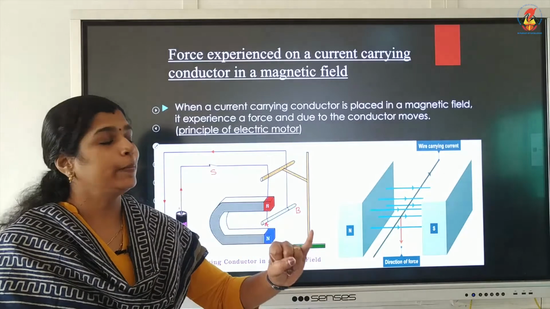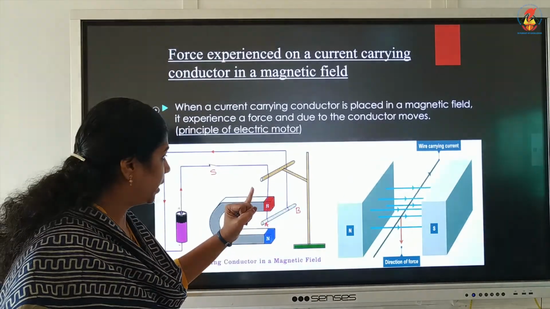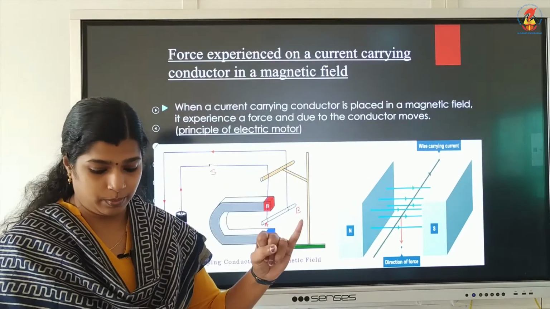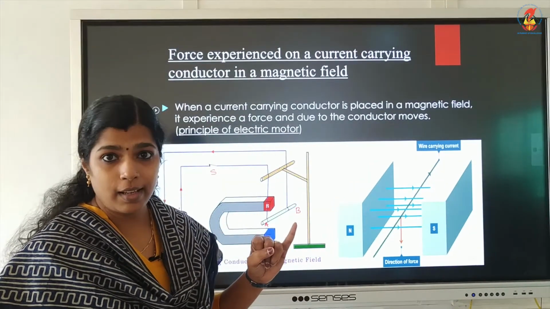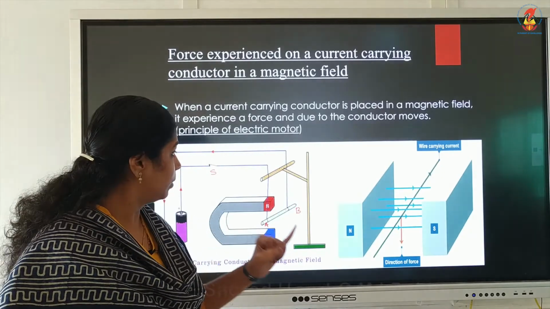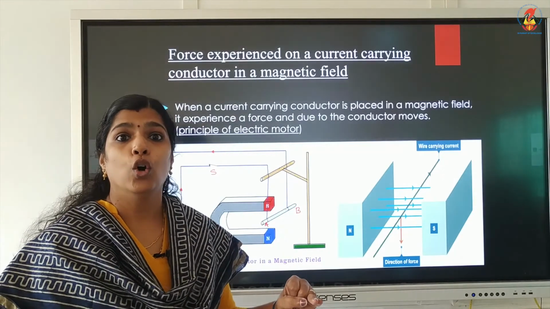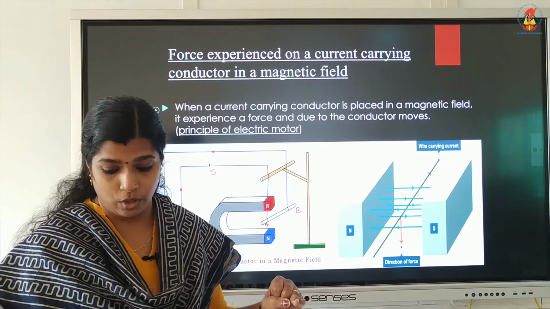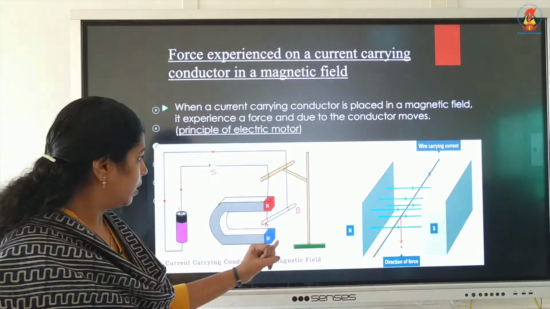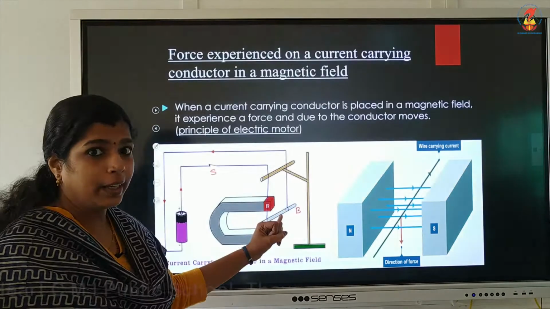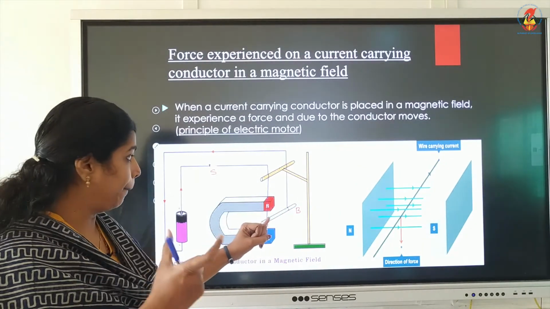One magnetic field is produced by the current carrying conductor, that is AB.